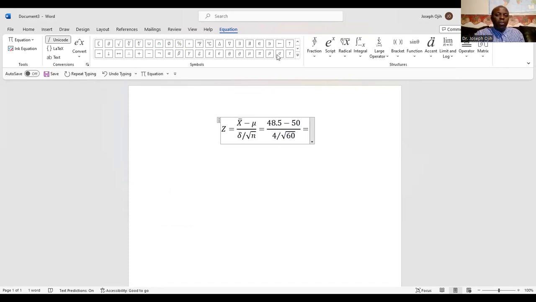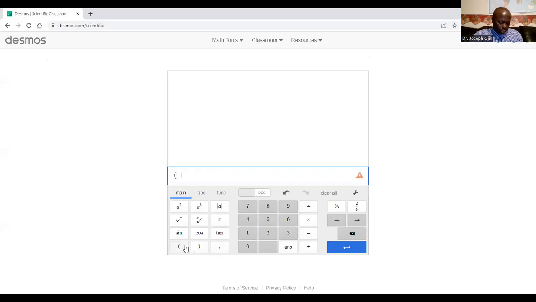So when you plug this into the calculator, we have 48.5 minus mean of 50 divided by standard deviation of 4 divided by the square root of n, and n is 60.